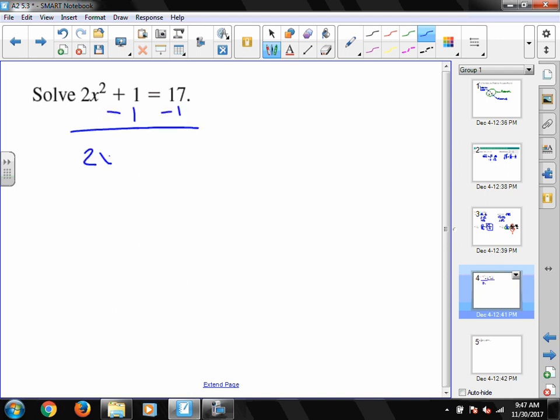I get that 2x squared is equal to 16. Now, I divide both sides by 2, and I get x squared is equal to 8.